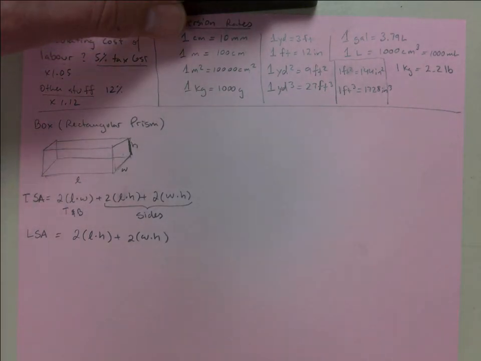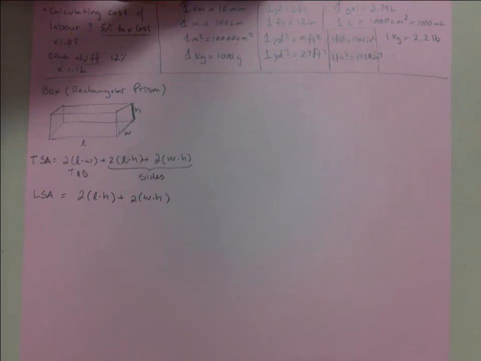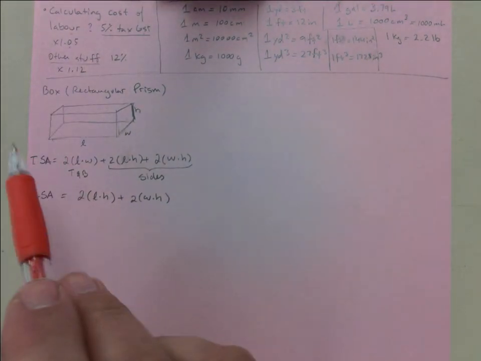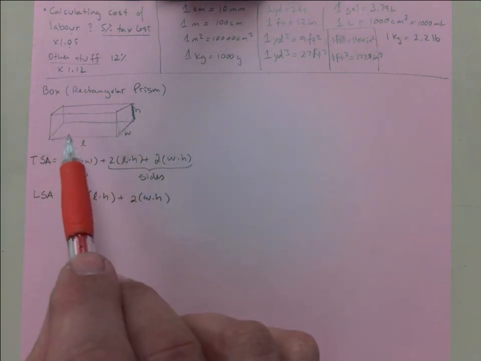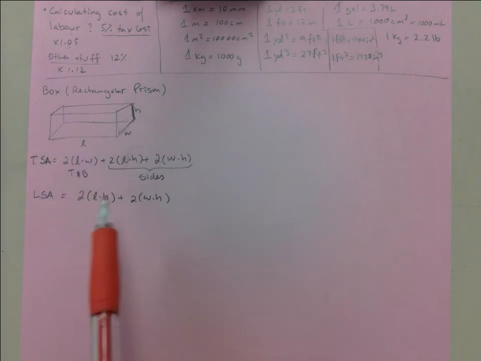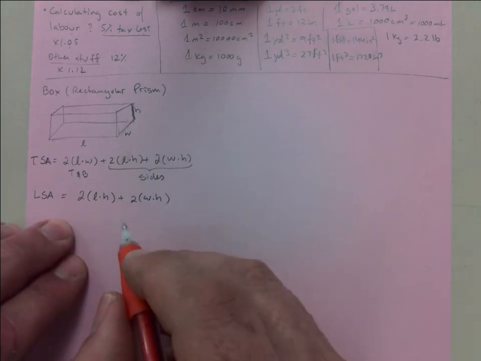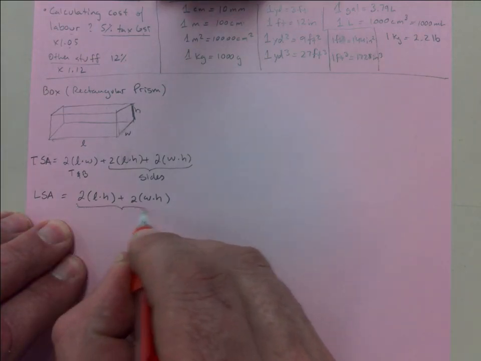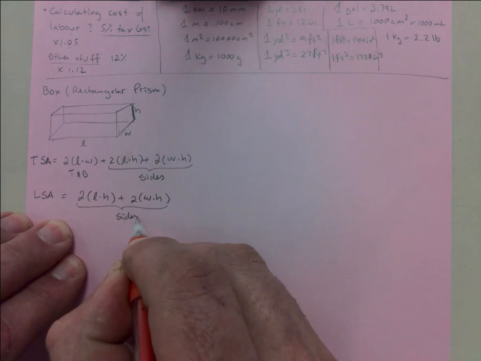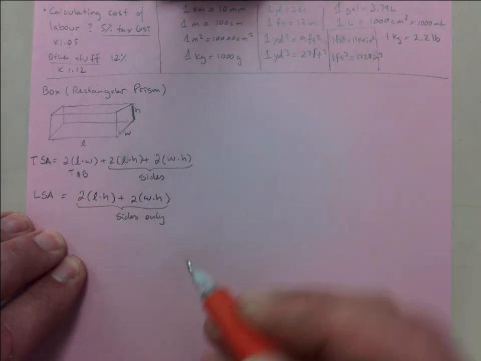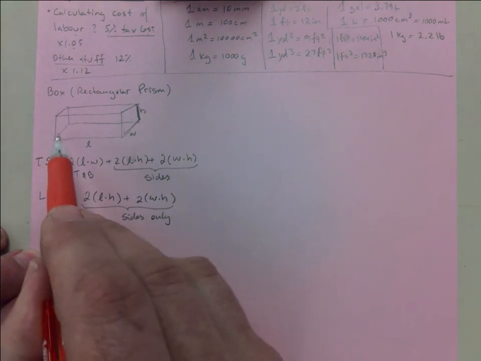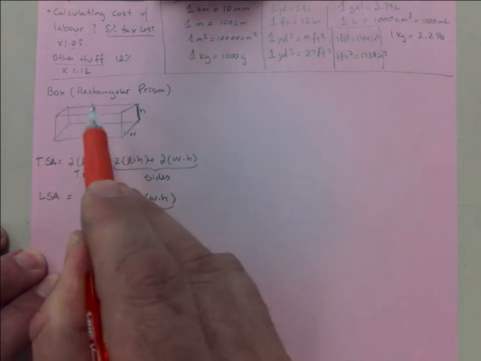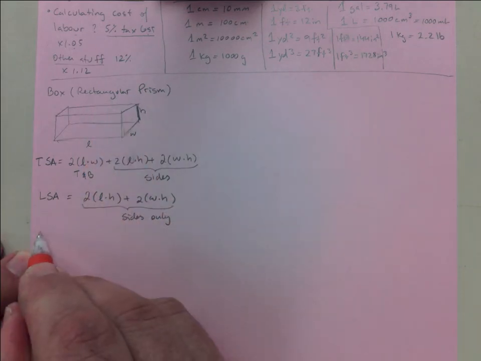Okay. So that would be the instance when you're wanting to cover the sides either with paint or wallpaper or whatever, you would want to use this one. So sides only, okay? Basically sides only. If for whatever reason you're encountering a scenario where you're painting the walls and the ceiling, okay?